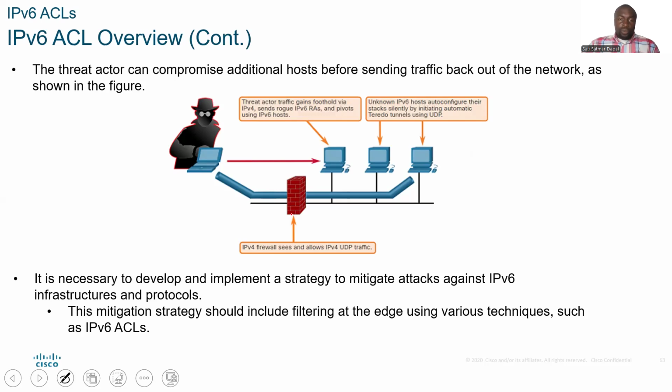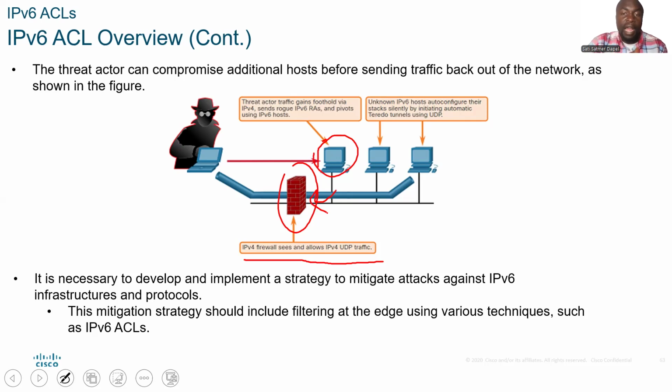This is the IP version 4 firewall, which sees and allows UDP traffic. But what will the threat actor do? The threat actor traffic will infect a particular system, and the system will be authenticated by the firewall before it is permitted.